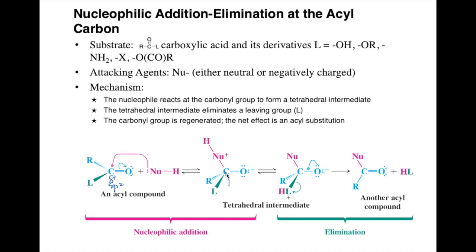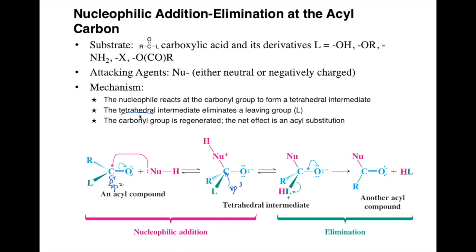Guys, what is the hybrid of this carbon? Tetrahedral siya. That's your clue. Okay, it becomes sp3. Diba? So from an sp2 na trigonal planar, it becomes a tetrahedral, so naging sp3 siya.